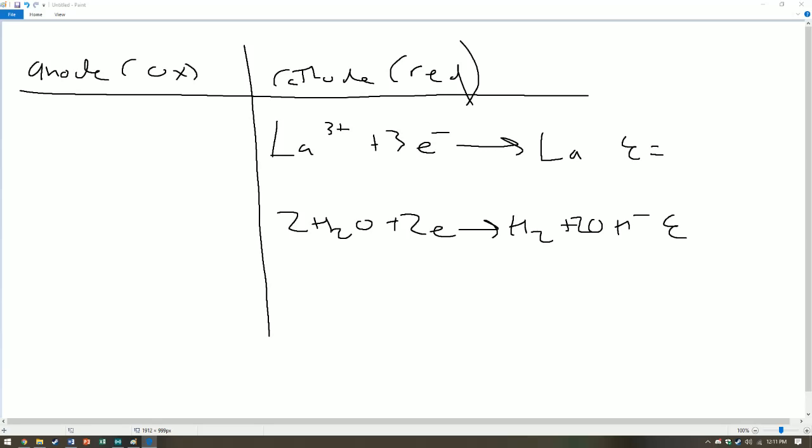Okay, well, for water it yields a potential of minus 0.83 volts, and for lanthanum it yields a potential of... God, where is lanthanum on this table?